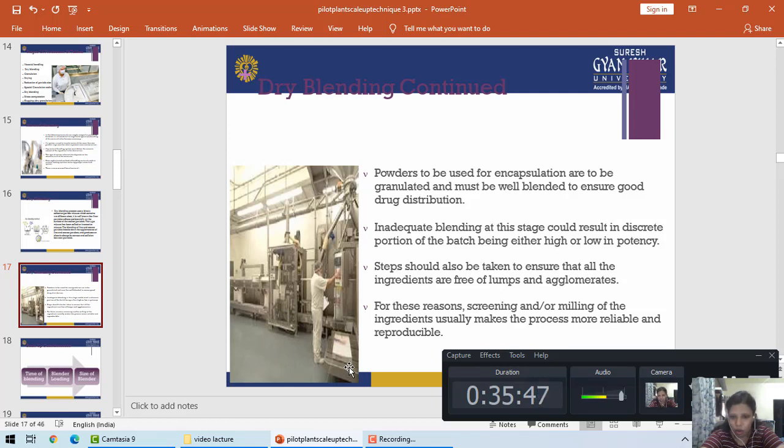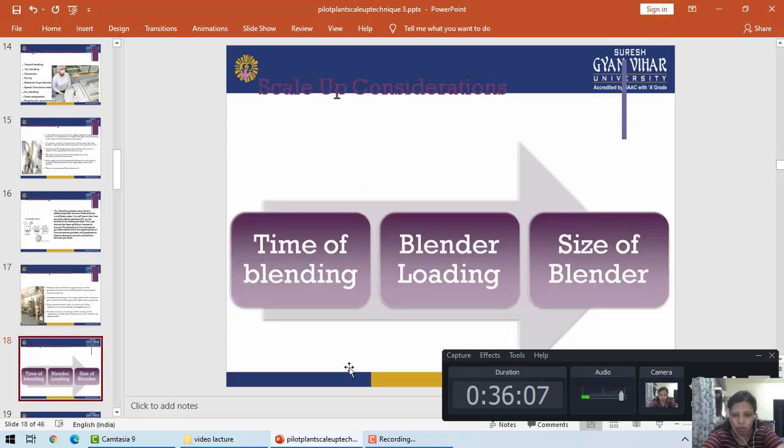Steps should also be taken to ensure that all the ingredients are free from lumps and agglomerates. For these reasons, screening and/or milling of the ingredients usually makes the process more reliable and reproducible. So it is mandatory to use these types of methods.